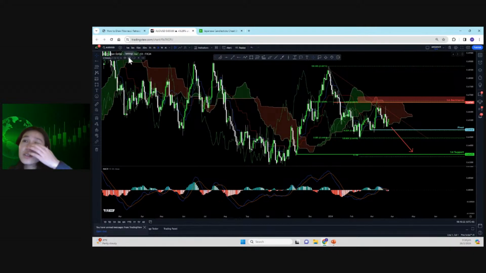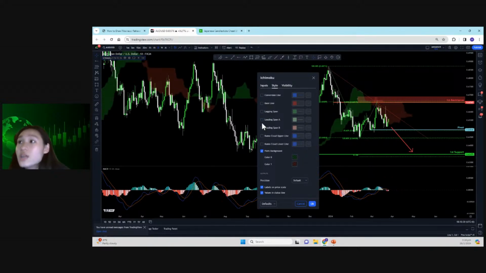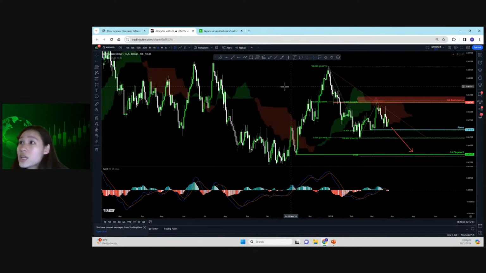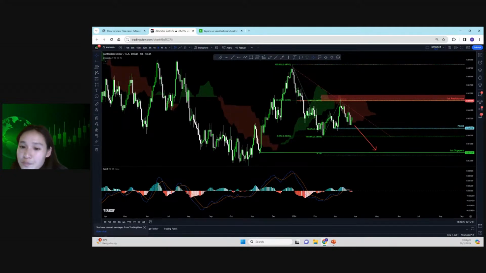But for the sake of having a neat chart and convenience, we found that the most useful, most effective way to use Ichimoku is actually to just look at the cloud. So that's what this is, the plot's background. If price moves above the cloud, it is bullish. If price moves below the cloud, then it is in a bearish momentum.